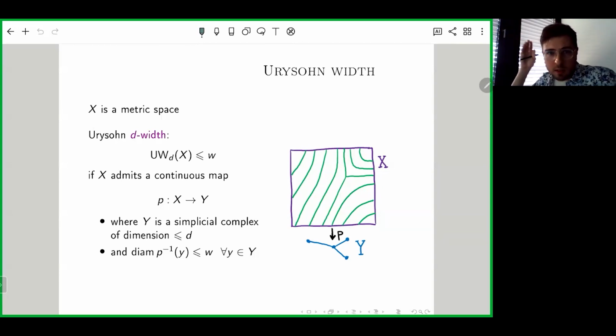More rigorously, let's say that the Urysohn width in degree d of your space X is at most W if you can map your metric space to a simplicial complex of dimension at most d, such that the diameters of all preimages of all points, which I'll be calling fibers, do not exceed W. And the diameters here, once again, are measured in the extrinsic metric of the space X.